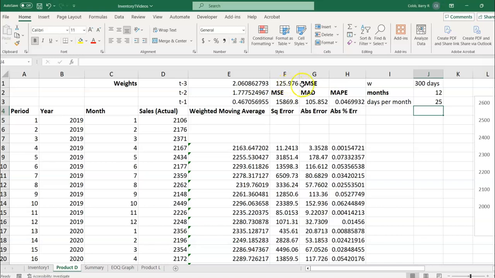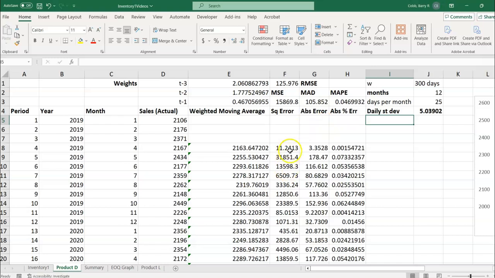So if we want to turn this root mean squared error into an estimate of the daily standard deviation of demand, what we can do is just divide this 125.967 by 25. And we'll just call that the daily standard deviation for demand.